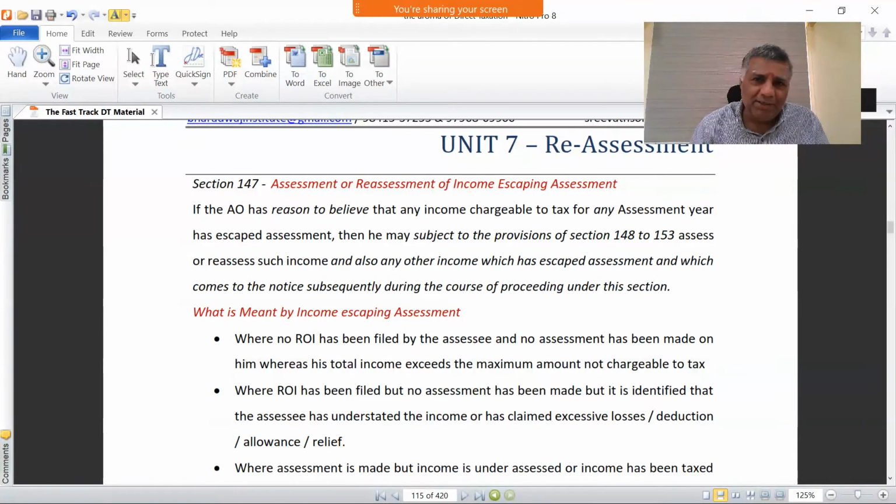You filed your return. Within 6 months, there is no notice. Enjoy. Your case is not taken up for scrutiny. In a year, only 3 to 5% of cases are taken up, maximum 5%. So there is a 95% chance that your case is not taken up.